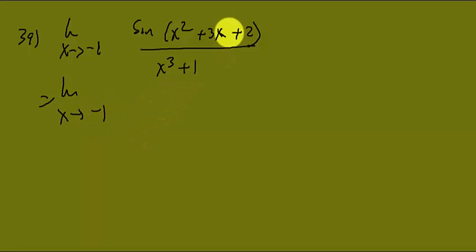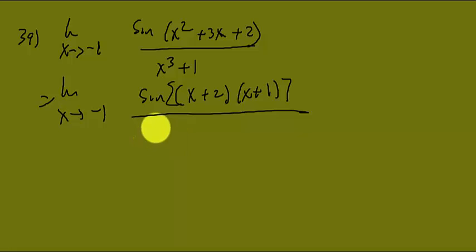Then I'm going to factor the top, and I'm going to get sine of x plus 2 times x plus 1. And in the bottom I'm going to factor that, and that's going to be x plus 1 times x squared minus x plus 1.